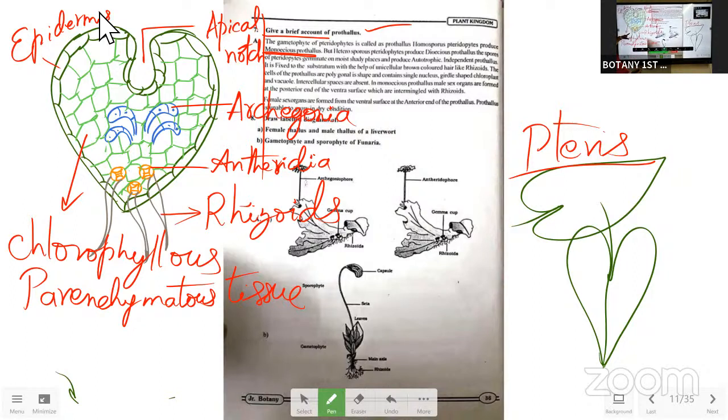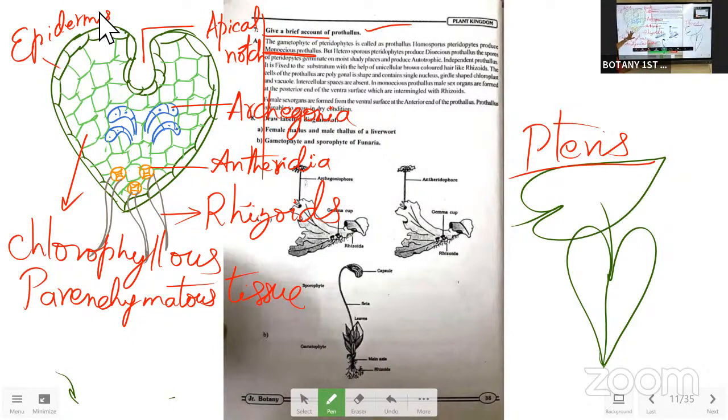The rhizoids are the root-like structures which help in absorption of water and fixing the prothallus on the soil. It makes easy movement, and sometimes it holds the prothallus fixed to the soil surface.